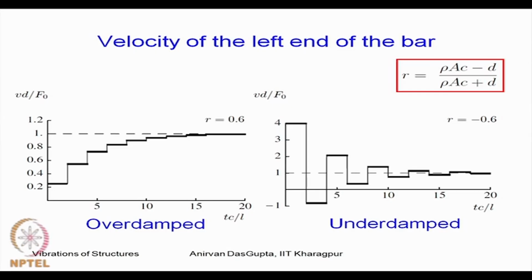What is happening is, since d is less, the disturbance that goes to the right boundary and hits this damper is absorbed, whereas if the damping is more than the impedance of the semi infinite bar, there is a reflection, and this reflection is more than what the initial disturbance was. So, there is some oscillation before the bar settles down.